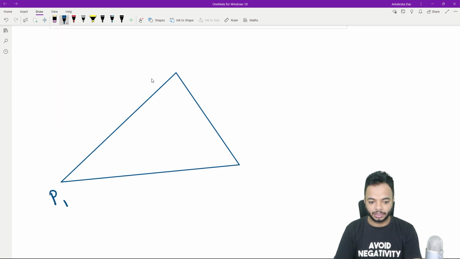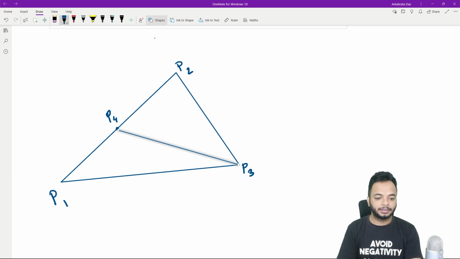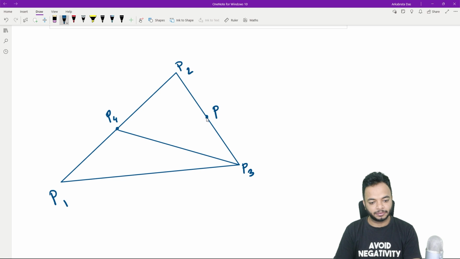Suppose this is P1, this is P2 and this is P3, and then P4 will be the midpoint of P1 and P2. So here we have P4. Now let's join P4 and P3. Then we have the midpoint of P2 and P3, which is P5. Let's again join.